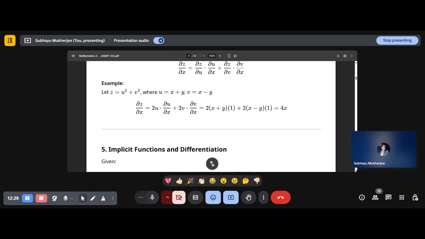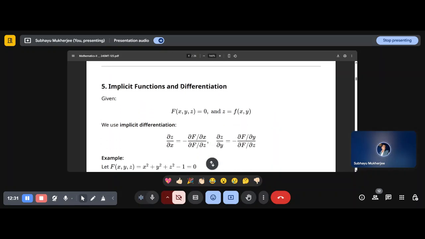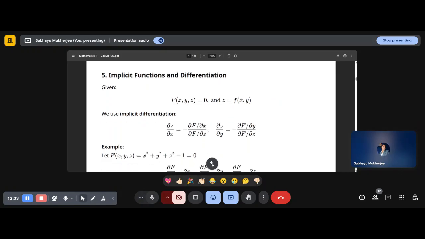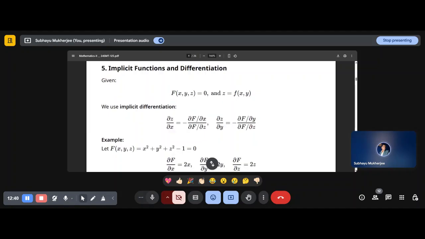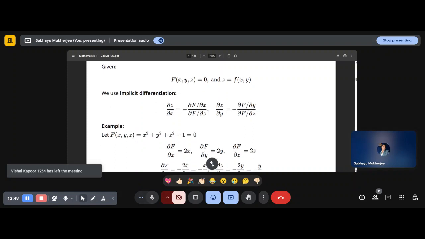Then we have implicit functions and differentiation. What are implicit functions? Given f of x, y, z equals 0 and z equals f of x comma y, if we use implicit differentiation, then dz by dx equals minus del f by del x, whole divided by del f by del z.